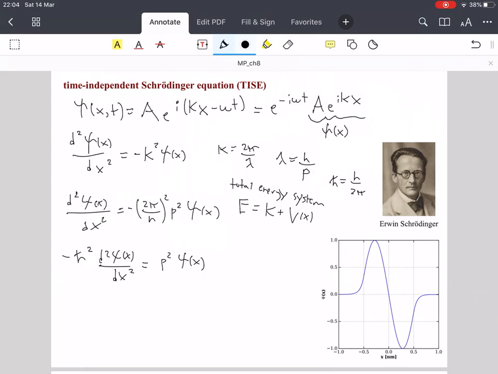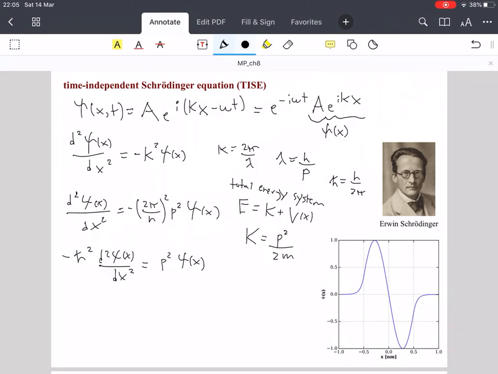So we also know that the kinetic energy, K, for this non-relativistic particle, remember Schrodinger's equation is only valid for non-relativistic particles, is the momentum p squared over 2m.